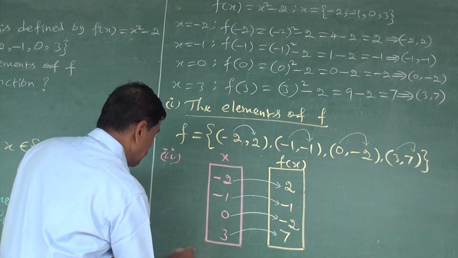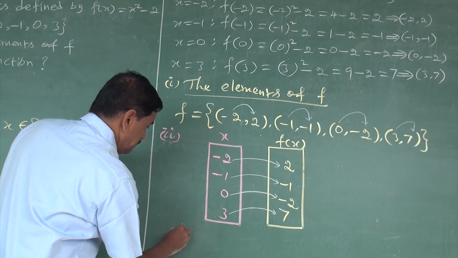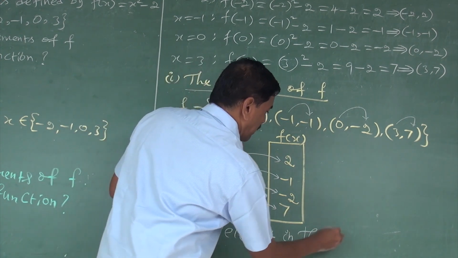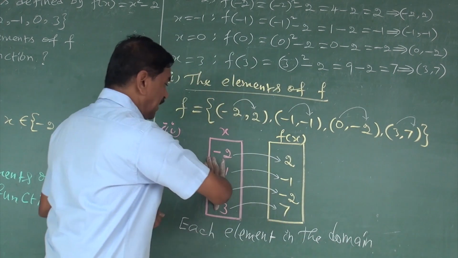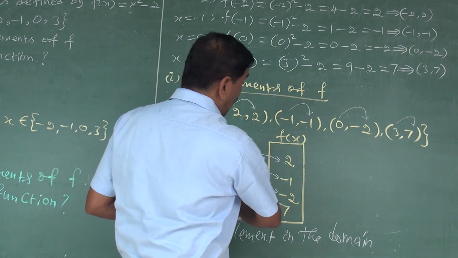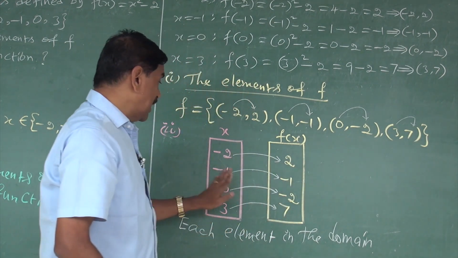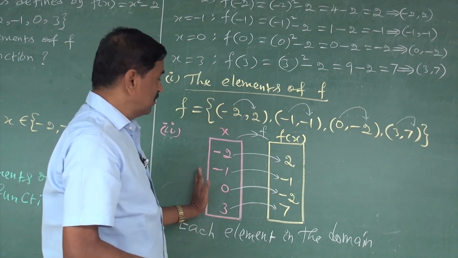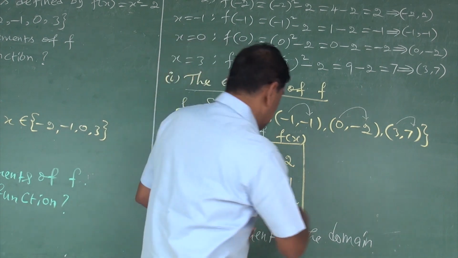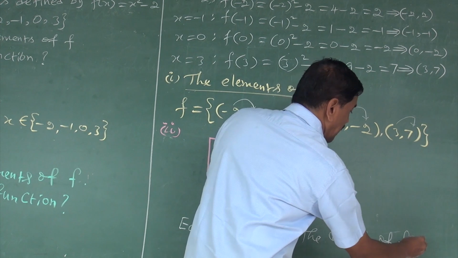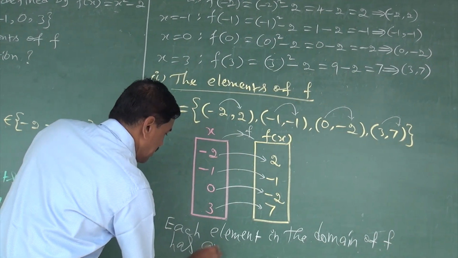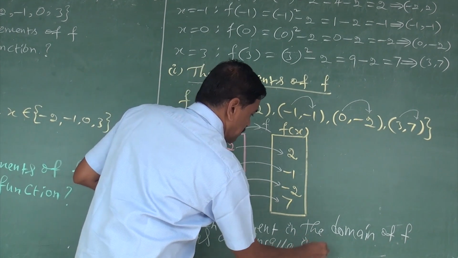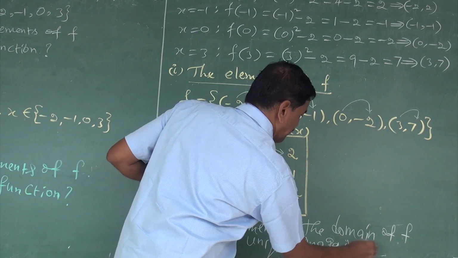Each element in the domain of f has a unique image in f of x, because here f is a function.